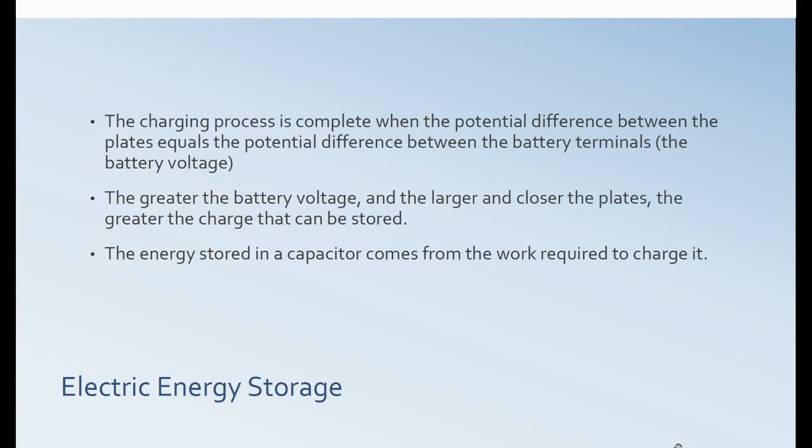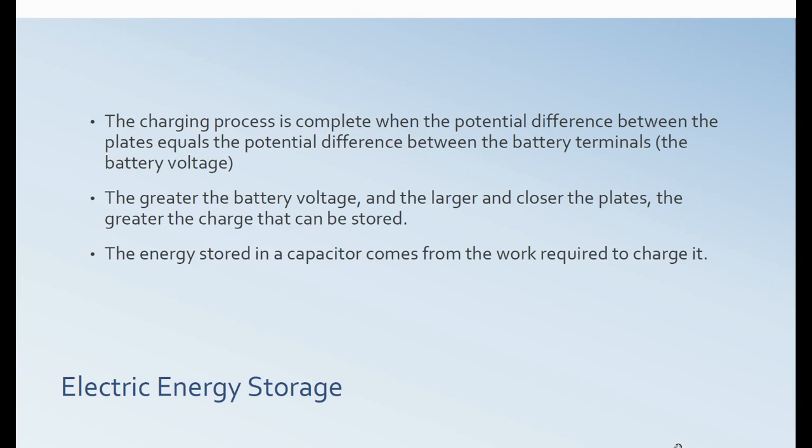The charging process is complete in this capacitor when the potential difference between the plates equals the potential difference between the battery terminals, which is the battery's voltage. Remember, voltage is electrical potential. The greater the battery voltage and the larger and closer the plates, the greater the charge that we can store.